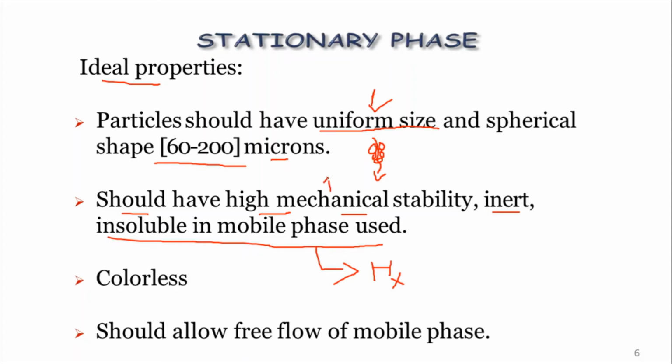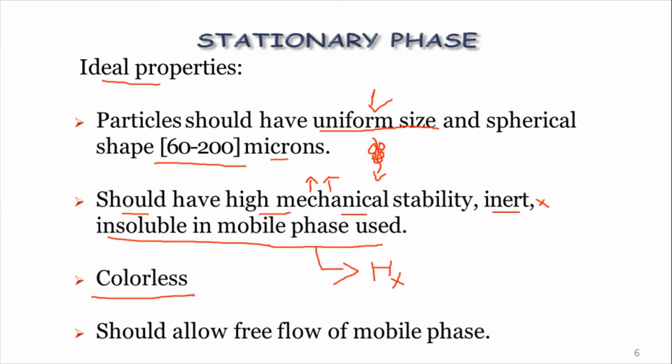We give some pressure at the time of column packing, so the selected stationary phase should resist the pressure and mechanical force given. It is always inert, so it never reacts with sample molecules or mobile phase.